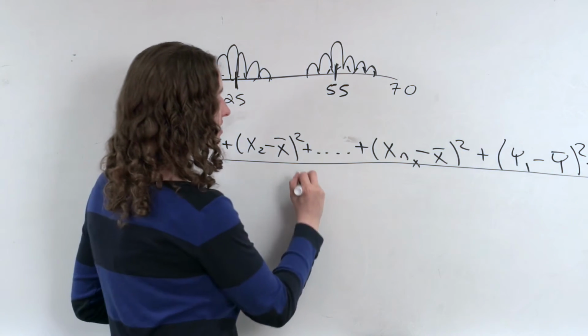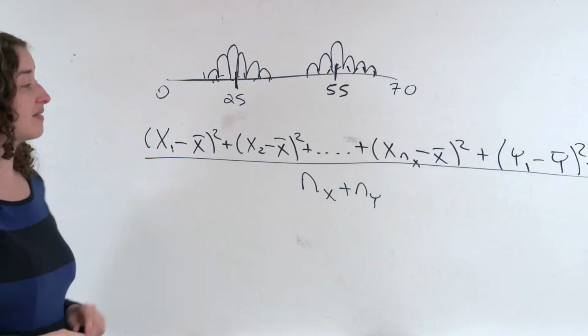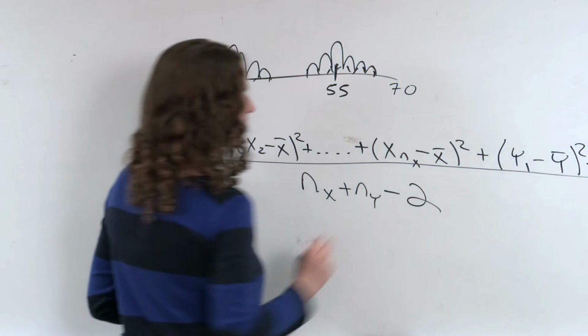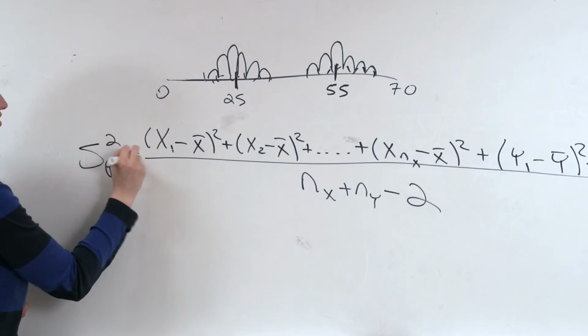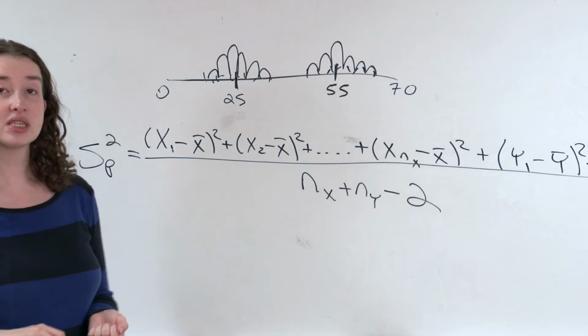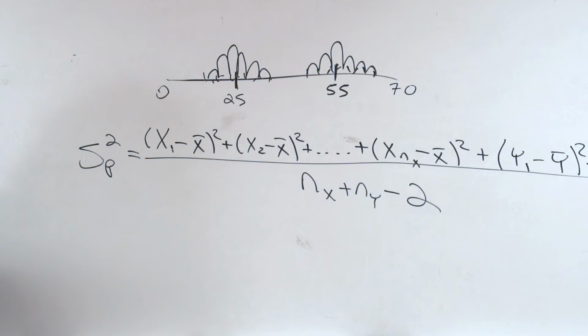If I were to just take the mean, I would divide by nx plus ny, because that's how many differences I have in this numerator. However, technically what I'm going to do is divide by nx plus ny minus 2, and this is the quantity that we call SP squared. Why is it nx plus ny minus 2? For all the same reasons that we discussed for using n minus 1 when this was just s squared in one group.